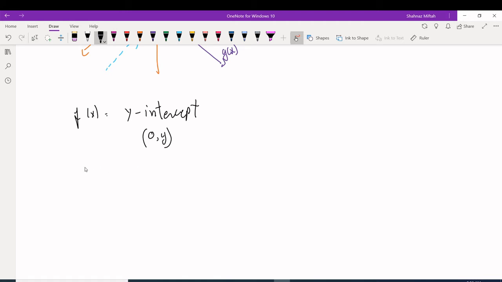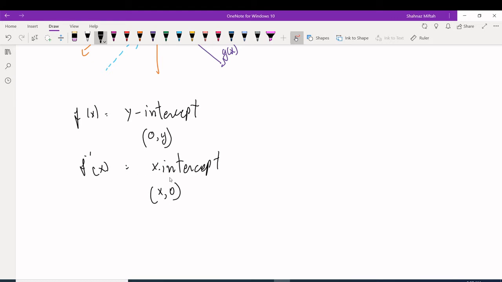And the inverse is going to be inverse f of x. That y-intercept that we had for the original function f of x is going to be the x-intercept for the inverse, which means y is going to be 0.